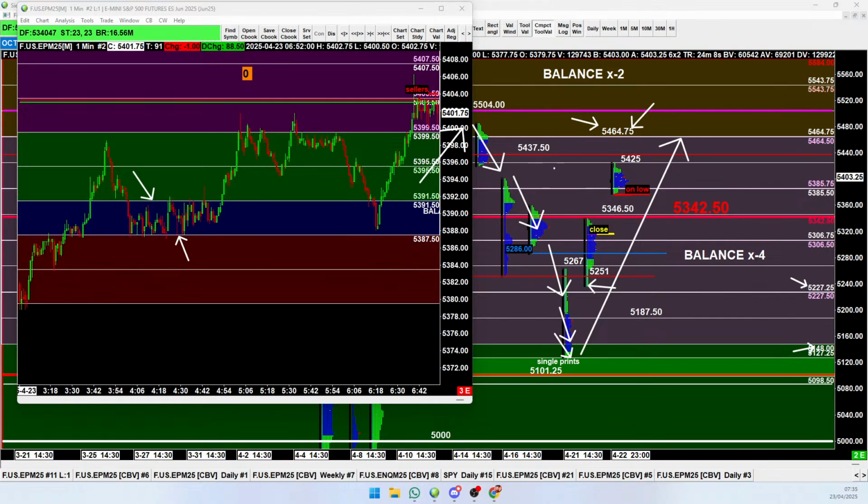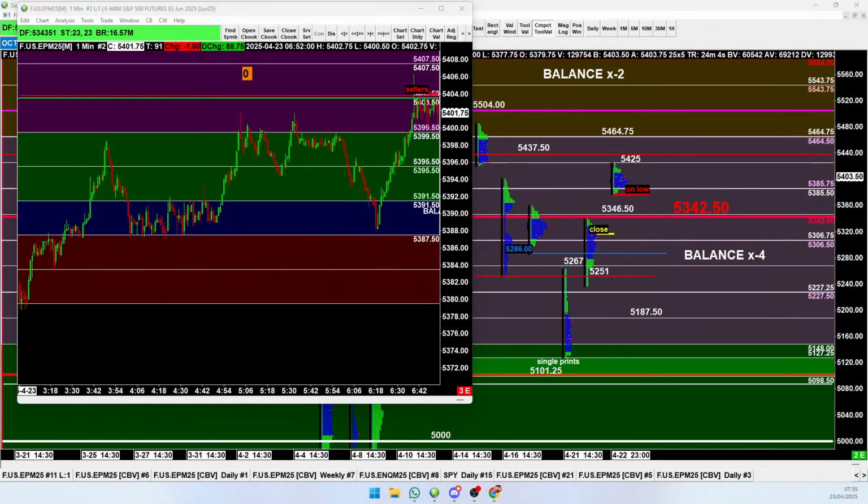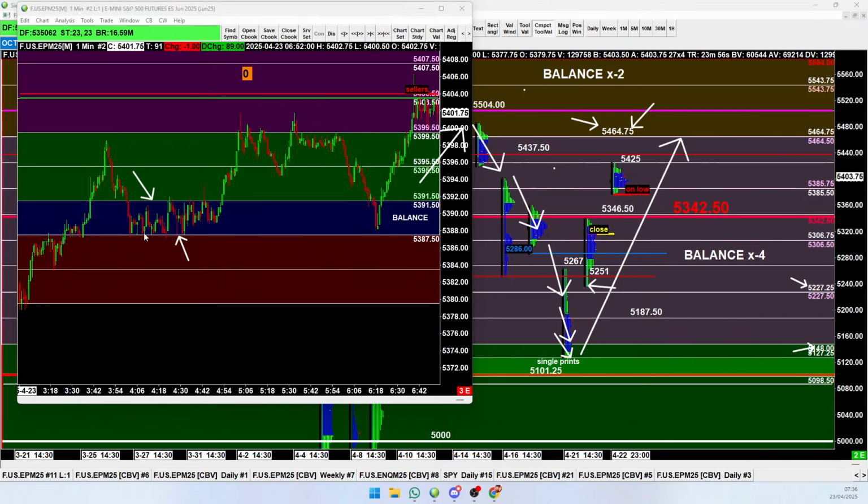You guys see that? It's the same thing. This is a balance area. This is a balance extension area. But the concept of rotation remains. The market looks below, fails, rotates up. Looks above, fails, rotates down. Do you folks see that?